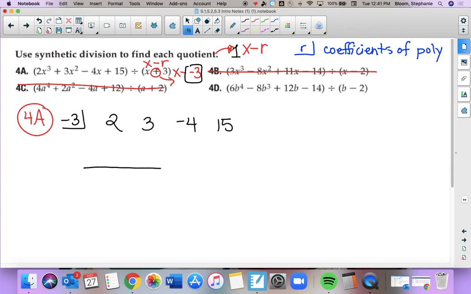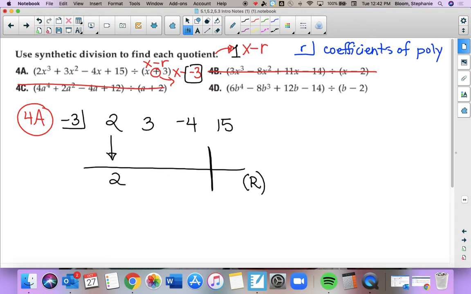Okay, then I'm going to draw a line, leave some space, and then you always bring down your first coefficient, and then I always draw a line because this will represent my remainder right here. So you draw a line separating your very last, your constant, essentially.